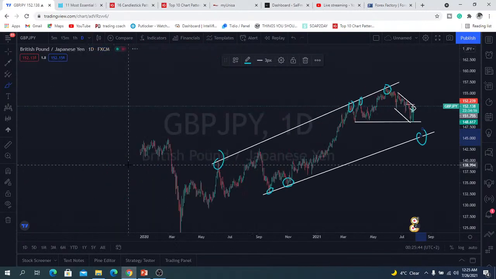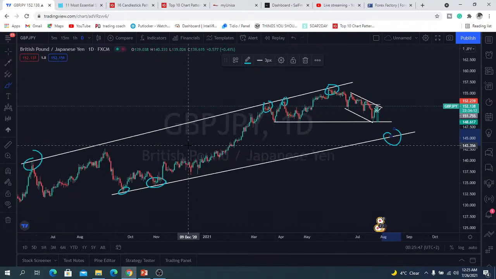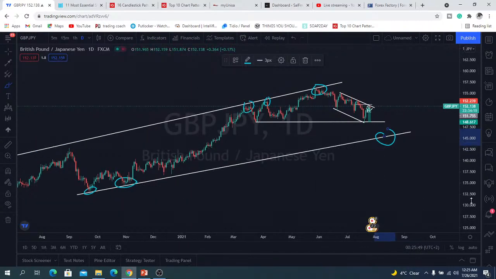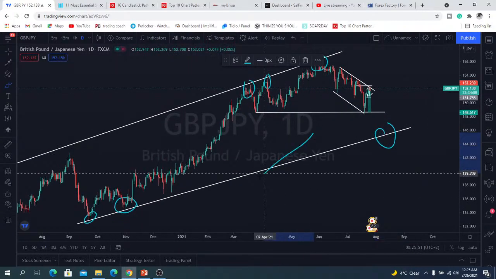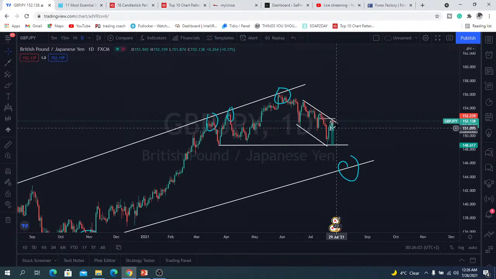So the trend is to the upside. But if we zoom and look here, you will see that we had this bounce, then we went to the downside, meaning that we might want to continue with the downward move.